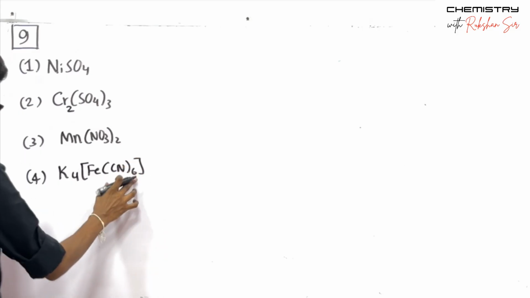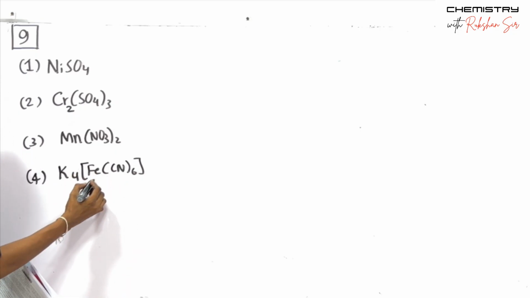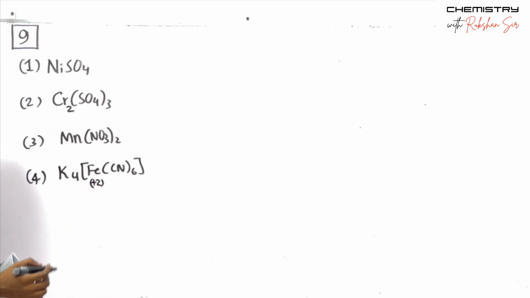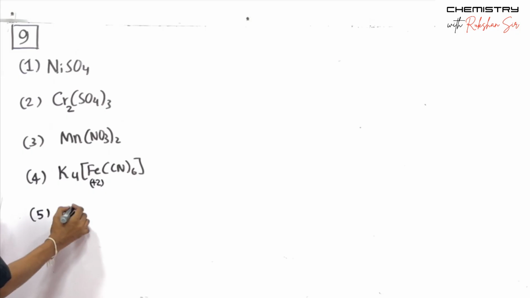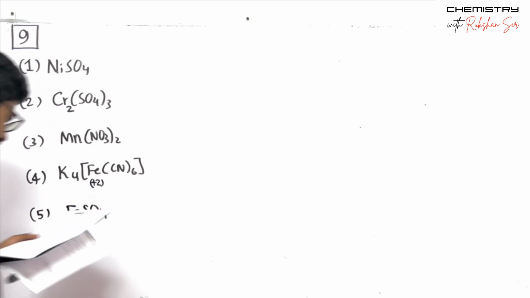So it should be like this now. Just do that correction. It is K4FeCN6, potassium ferrocyanide. And FeSO4. Let's come up with the answers here.